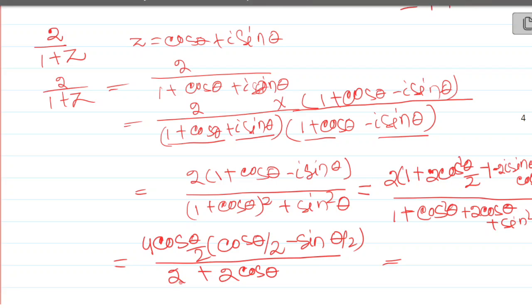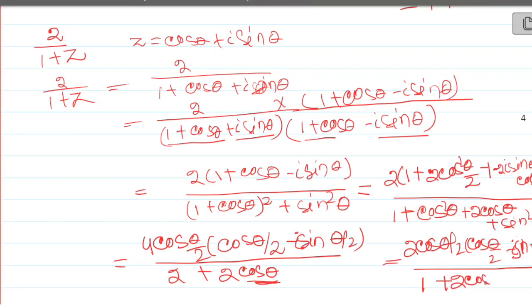Again from here you can take common 2. So it is 2 cos theta by 2 times (cos theta by 2 minus I sin theta by 2) divided by 1 plus, again using the cos 2 theta formula, 2 cos square theta by 2 minus 1.